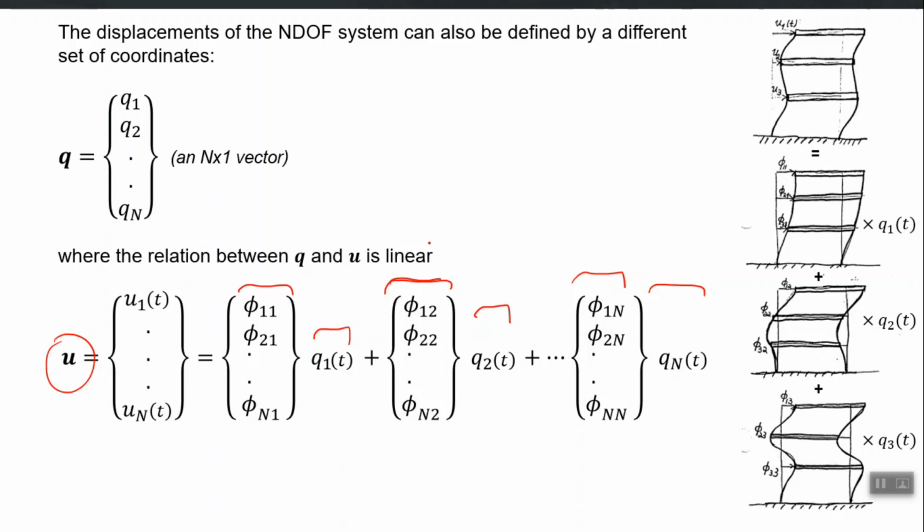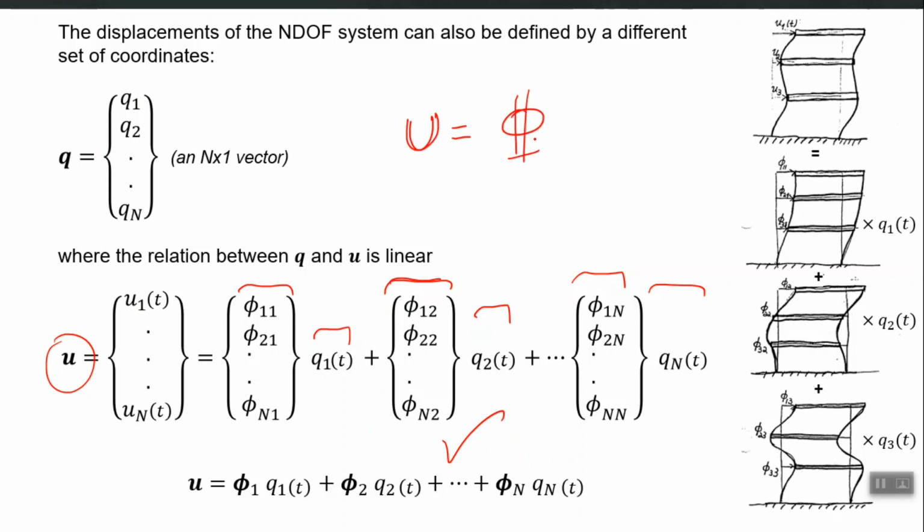And this equation can be condensed in another form: the u vector is equal to the capital phi matrix times the q of t vector.